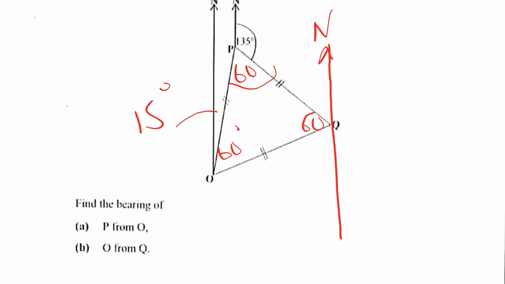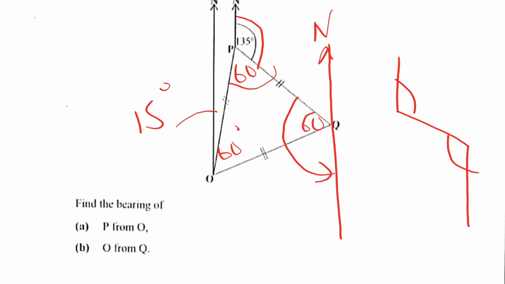So we can use this property to find the bearing of O from Q. This 135 degrees here is equal to this angle.